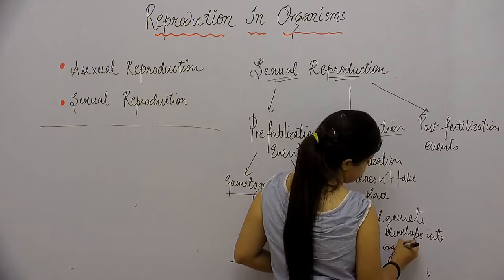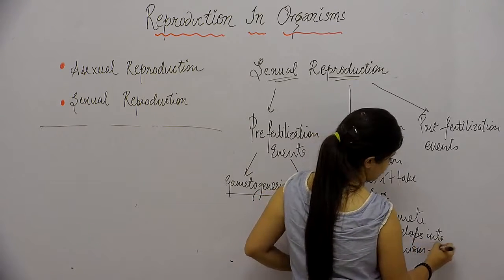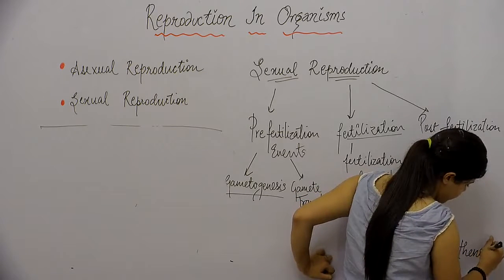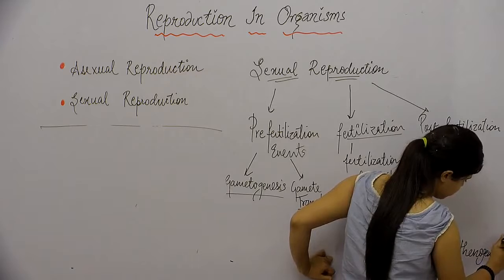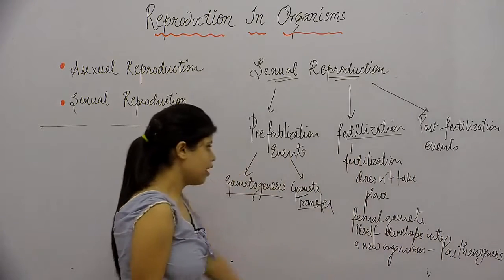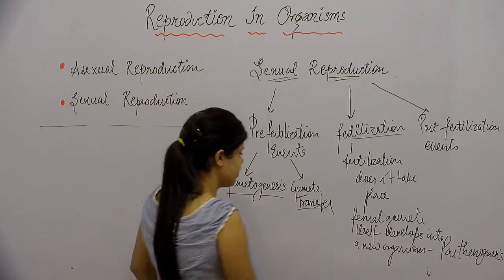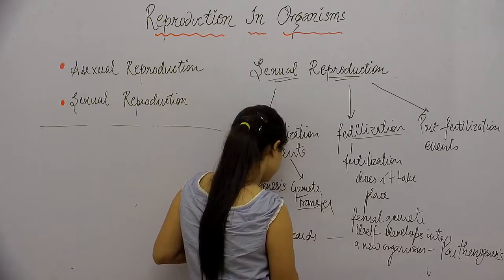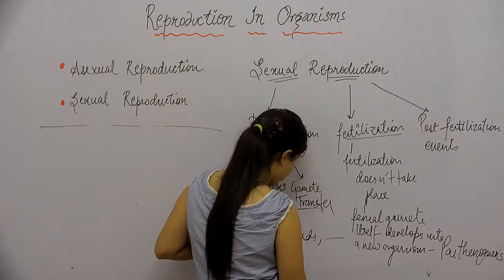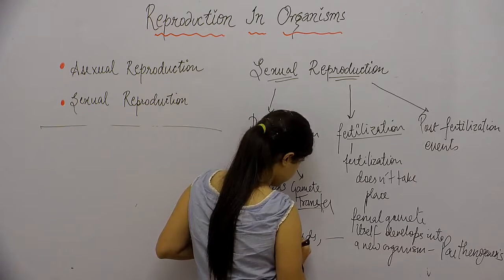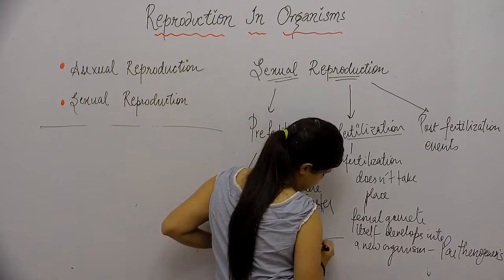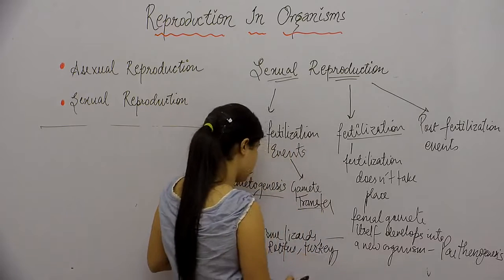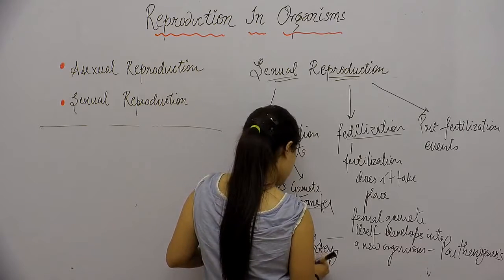This type is known as parthenogenesis, where no fertilization takes place. For the process of parthenogenesis, you can take the example of some lizards, rotifers, turkey, which is a bird by the way, and honeybee.